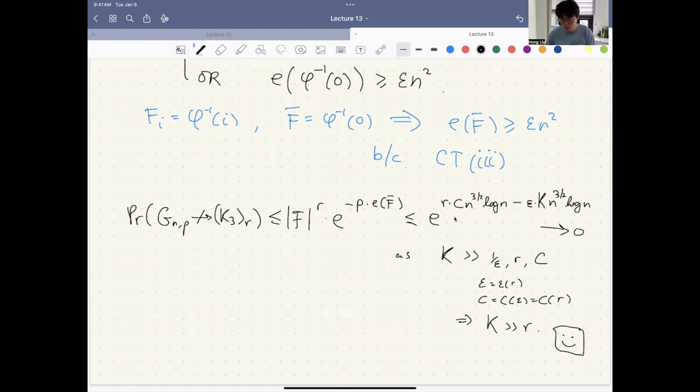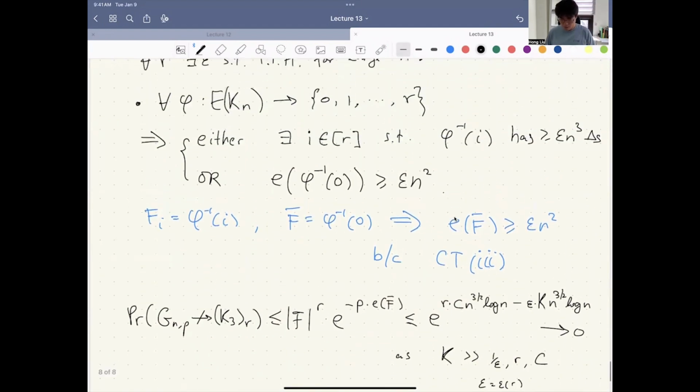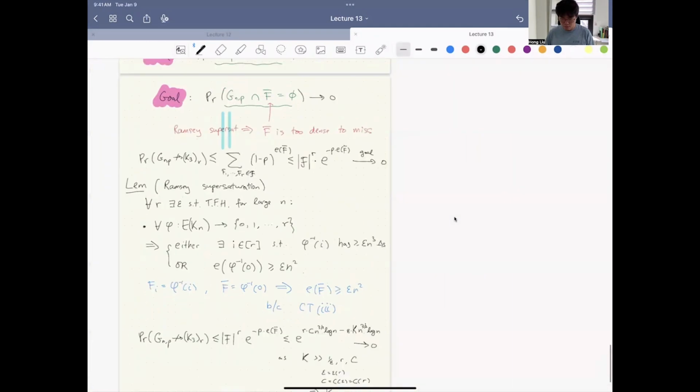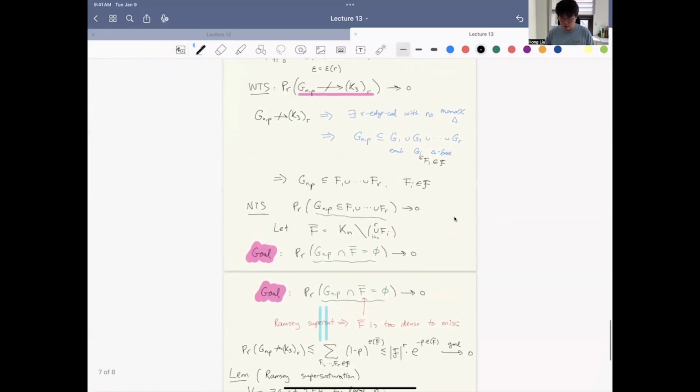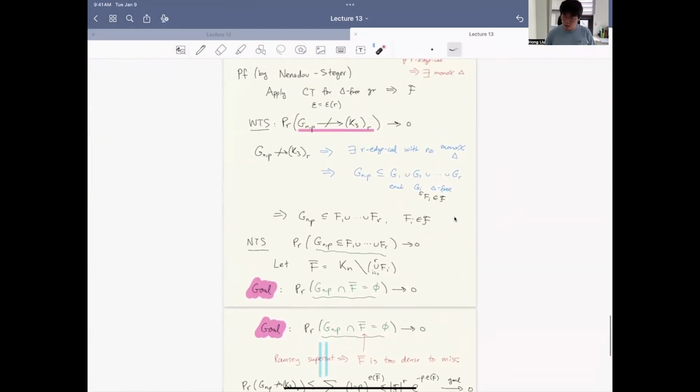Any question? Let me repeat the idea one more time. To prove that the complementary event happens with low probability, what does this complementary event mean? G(n,p) is contained in the union of r triangle-free graphs.